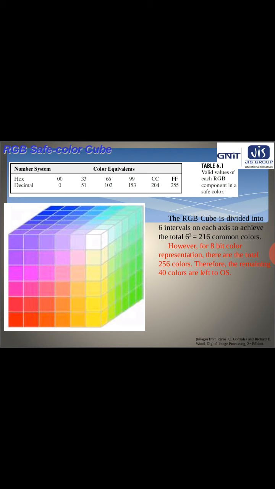The RGB cube is divided into 6 intervals on each axis to achieve a total of 6 to the power 3, that means 216 common colors. However, for 8-bit color representation there are a total of 256 colors, therefore the remaining 40 colors are left to the operating system.